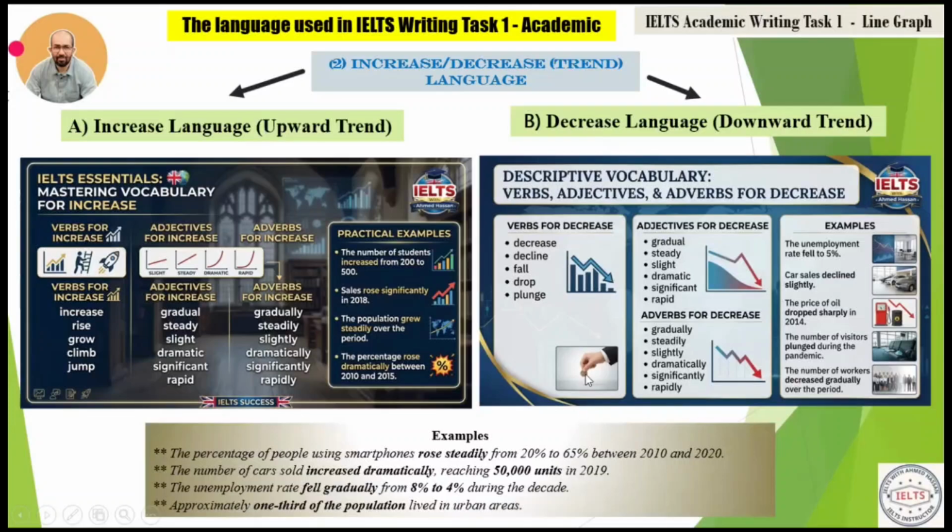We have some more examples. Who can read? The percentage of people using smartphones rose steadily from 20% to 65% between 2010 and 2020. What's the meaning of rose steadily? What is the meaning of steadily?